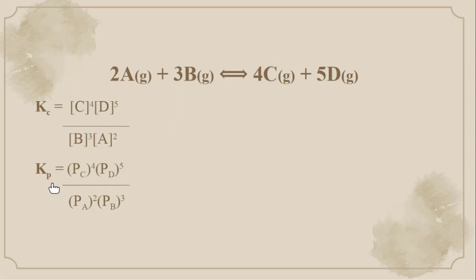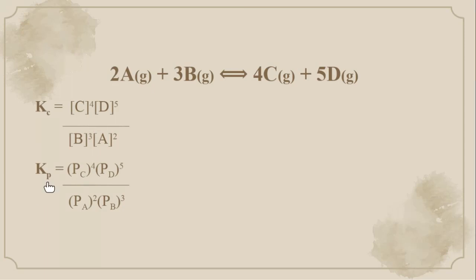But for your Kp, you always want to make sure that the only thing in your Kp is gases. So these are reactions where mainly there are gases, but you also want to make sure that if it does have a solid, liquid, or aqueous, that you don't include it in your Kp. So again, Kc is going to be aqueous and gases are allowed.